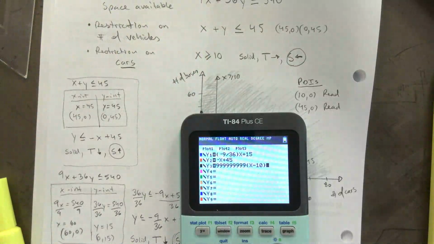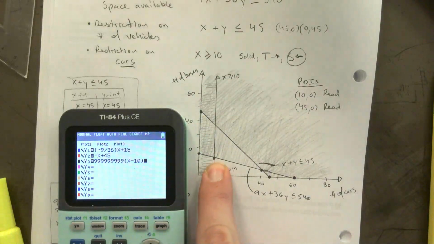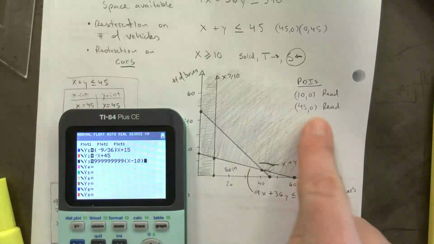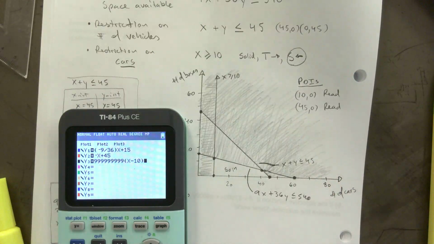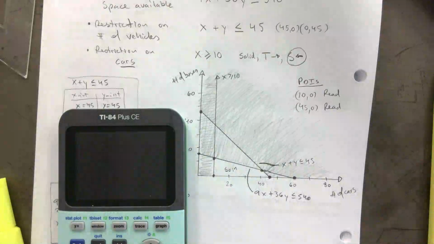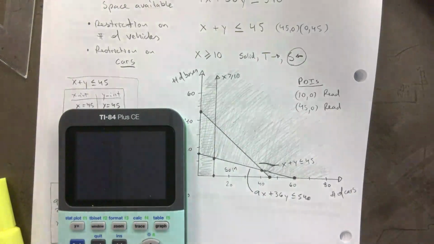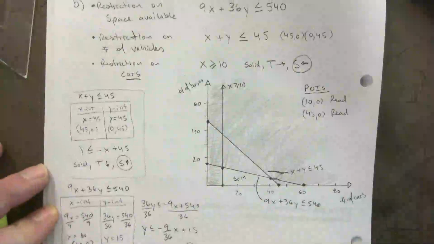I want you to figure out a good window, like, I want you to see everything. So you figure it out right now, try it before I do it with you. Actually write down the POIs I want: this one and this one. Make sure you use pencil. Time to work on one yourselves, and then I'll circulate.